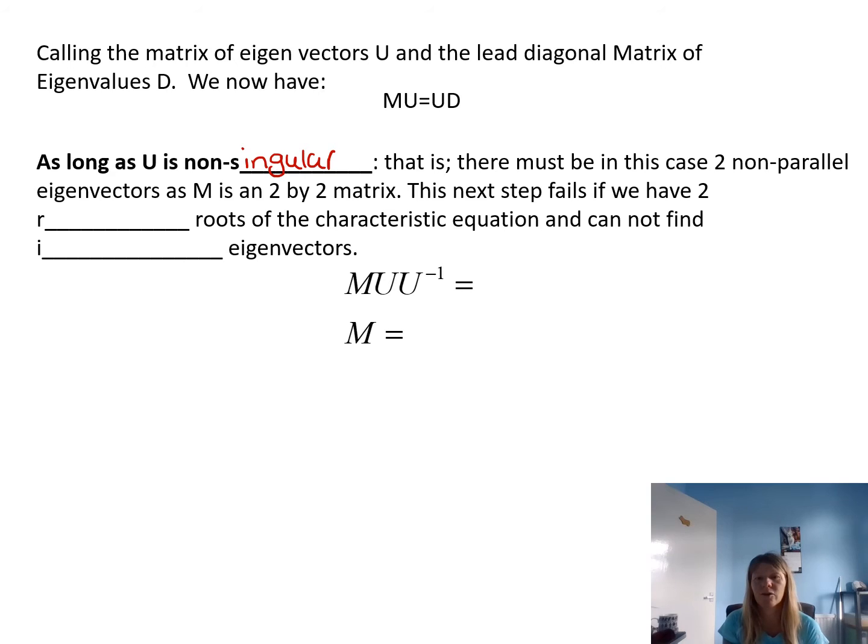And when it has an inverse, it'll have to be that there were two non-parallel eigenvectors of M.